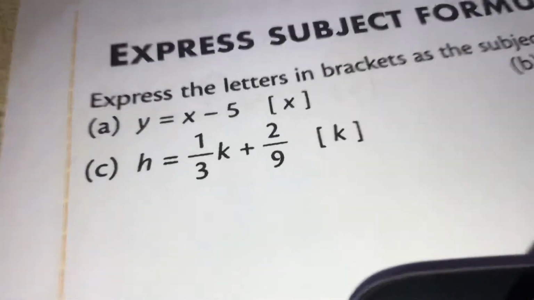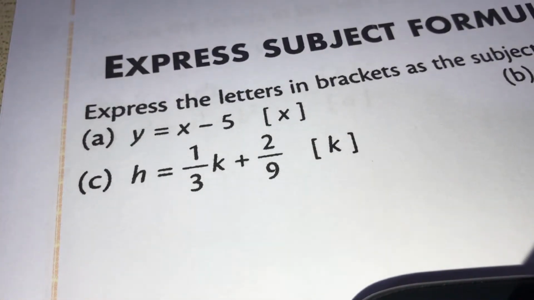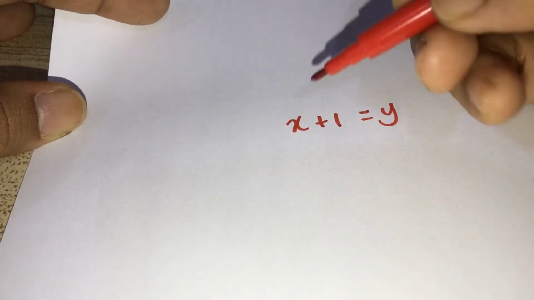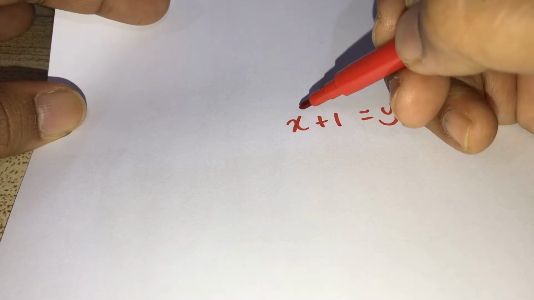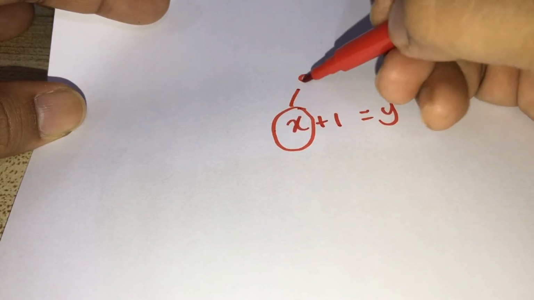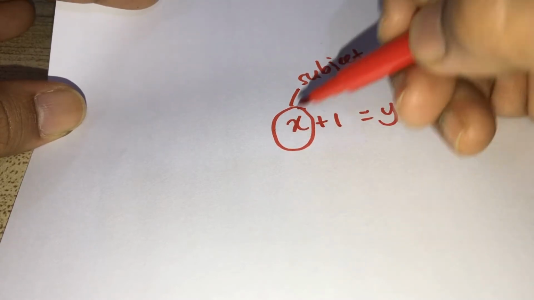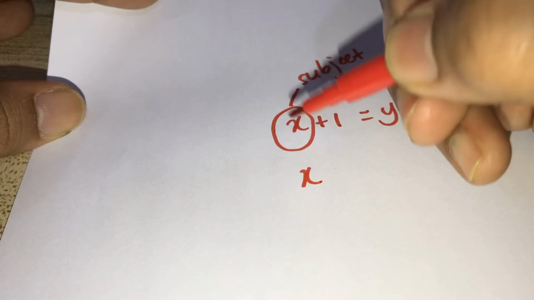You learned this in Chapter 6, linear equation, in Form 1. If you have x plus 1 equal to y, and the question asks you to make x the subject, then x must be at the left.